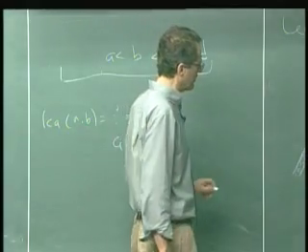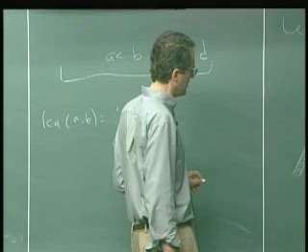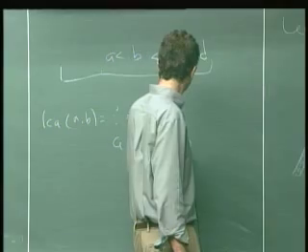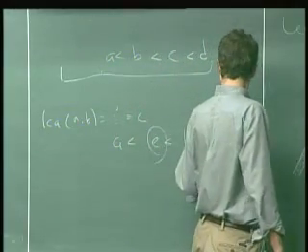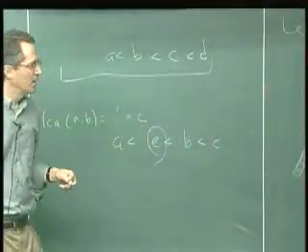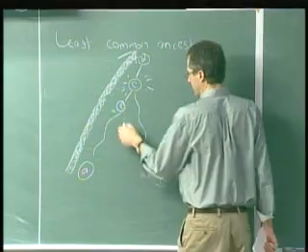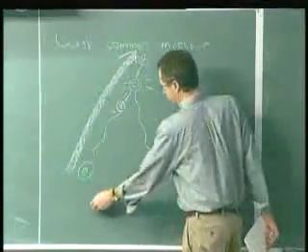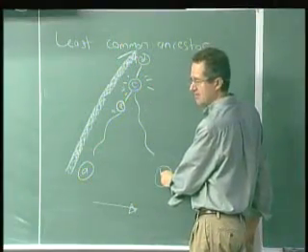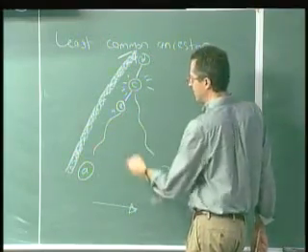And B is going to be less than C. E is going to be less than B. I know that because if it's not the least common ancestor, going from left to right in a post-ordered tree, B is not a descendant of E, but it comes afterwards, so it must be numbered larger than E.